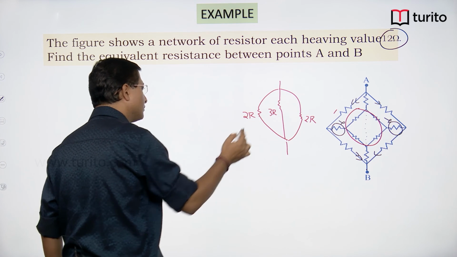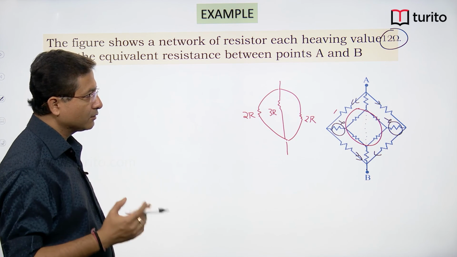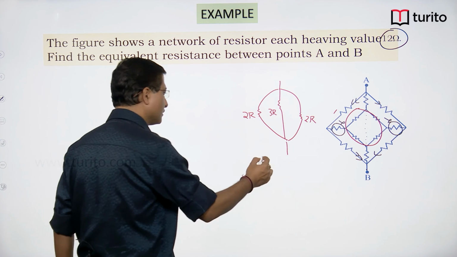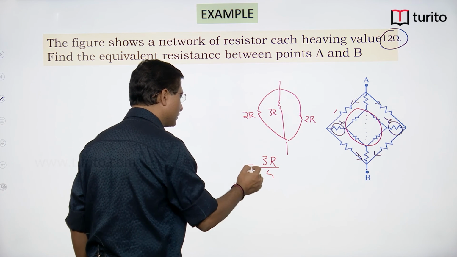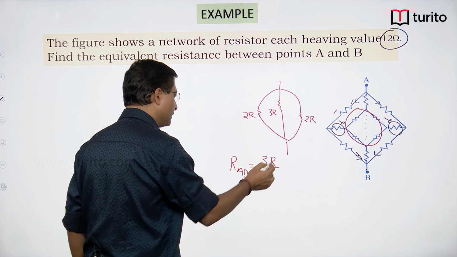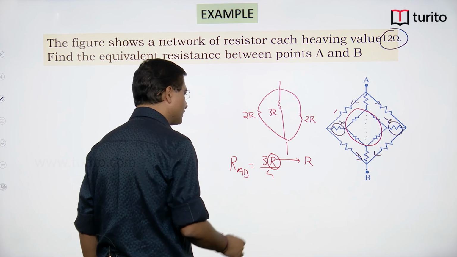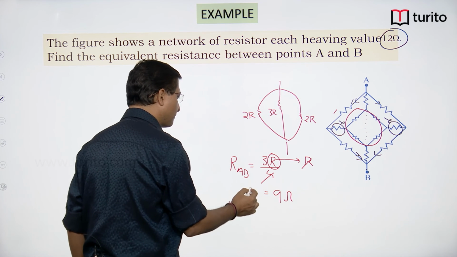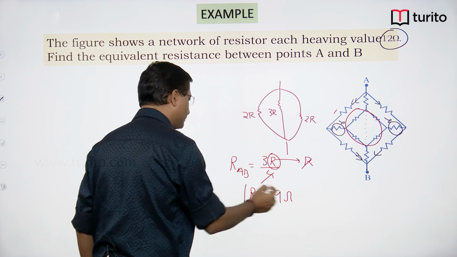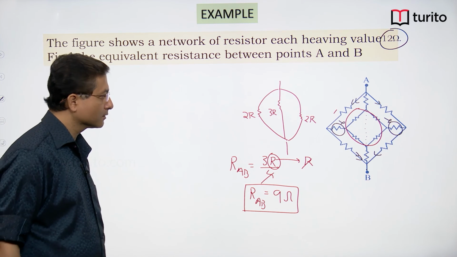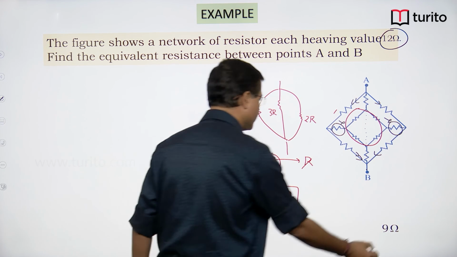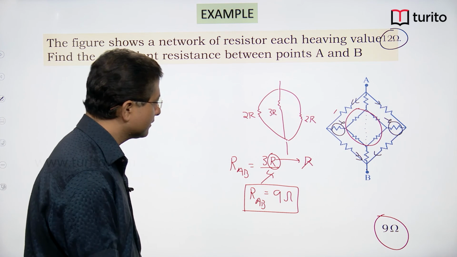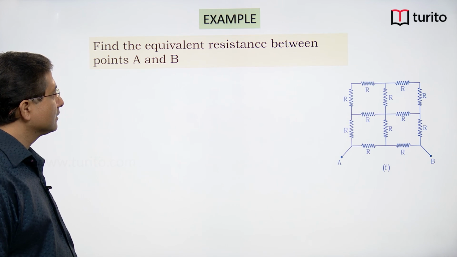This 2R and 2R will make it R. R into 3R divided by R plus 3R, 3R by 4, across AB, and this R is 12. So this 3 will cancel out. So the answer is 9 ohm. You can solve this problem by folding symmetry, right? Now let us see the next example.